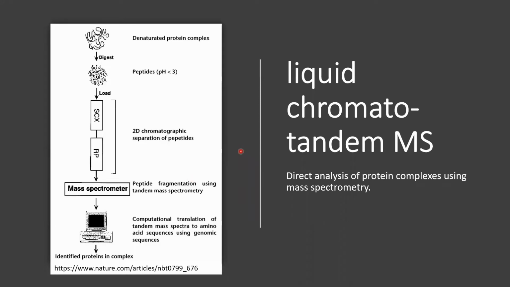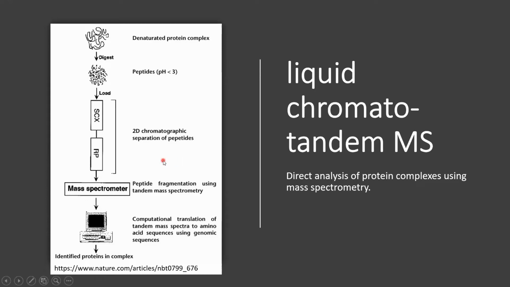Liquid chromatography tandem mass spectrometry combines one or more chromatographic steps with two rounds of mass spectrometry to identify with high confidence the proteins in a complex mixture. As you can see here in the figure, first we have a protein complex. Typically, a denatured protein complex is digested with trypsin.